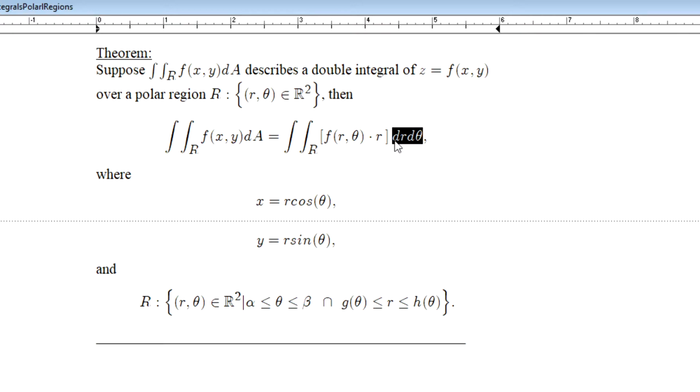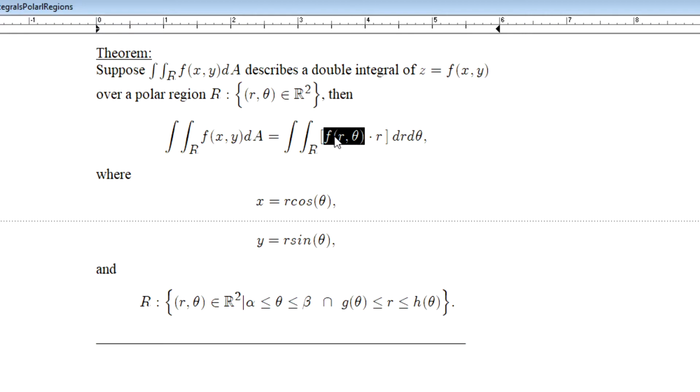Where it's going to first occur with respect to r and then occur with respect to theta, where we're going to perform this double integral calculation on an integrand for what is going to be function f described in terms of r and theta times some factor of r.